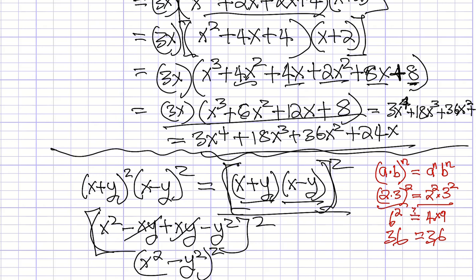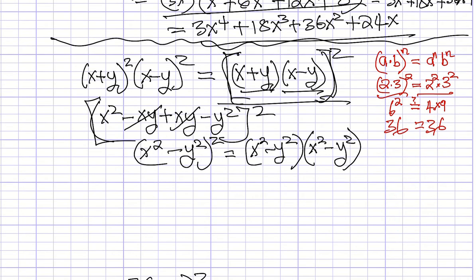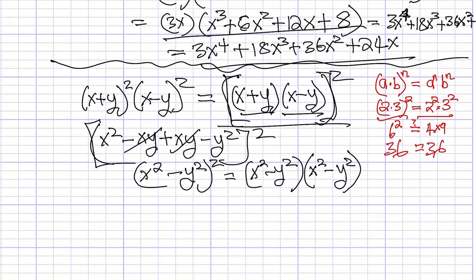So if that's the case, we're not done. We can then say x raised to power 2 minus y raised to power 2 times x raised to power 2 minus y raised to power 2. See? Right? So we keep going. X raised to power 2 times x raised to power 2, you get x raised to power 4.